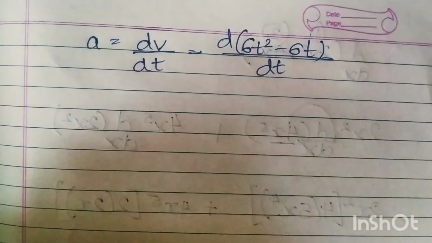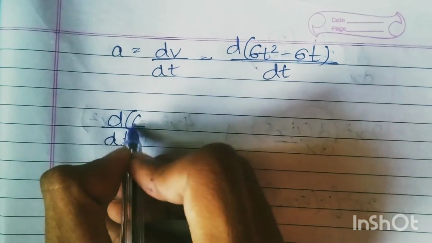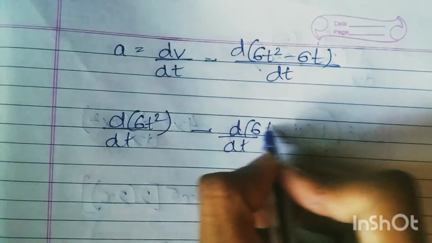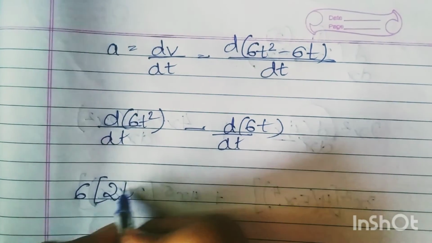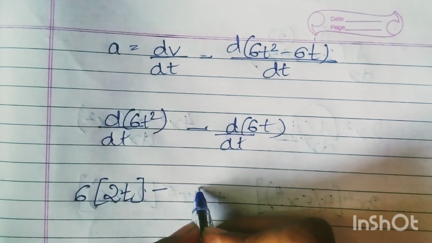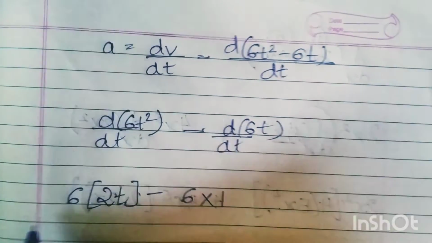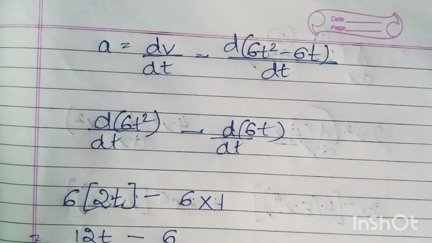Again you will remember the addition subtraction rule that says d upon dt, first term 6t square minus d upon dt 6t. Find the differentiation taking 6 as constant, first power 2t, minus 6 as constant and differentiation of t will be 1. So 12t minus 6 is your acceleration.